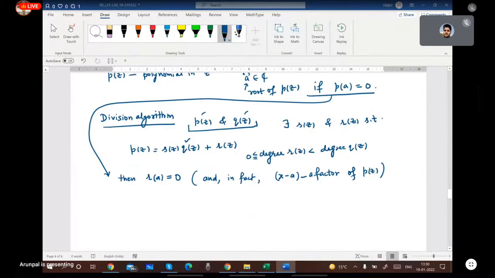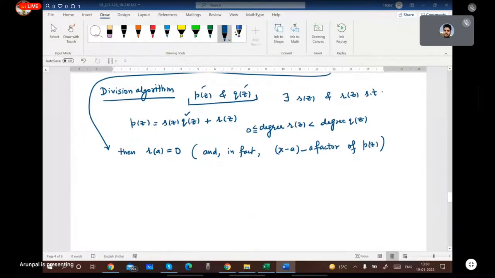And that is, we may write p(z) as (z minus a) times q(z), where, take a note, this time the degree of q(z) is strictly less than the degree of p(z), right, class?